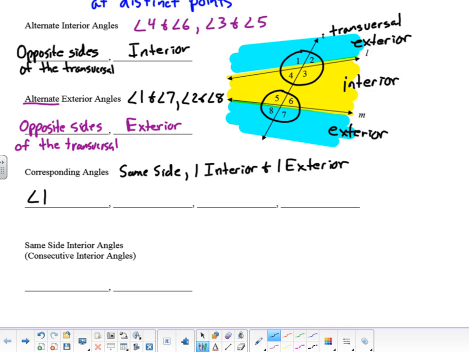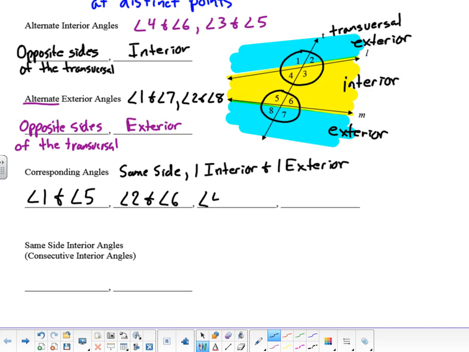So angle 1 is going to correspond. Angle 1 is an exterior angle, so the other one has to be an interior, but it's got to come from this bottom circle, so that would be angle 5. Okay. Angle 2 is going to correspond, that's an exterior. I need an interior, angle 6.